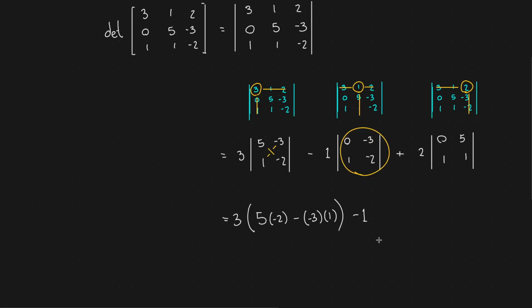And then take the determinant of this 2 by 2 matrix. 0 times negative 2 minus negative 3 times 1. Plus 2 times the determinant of this 2 by 2 matrix. I have 0 times 1 minus 5 times 1.